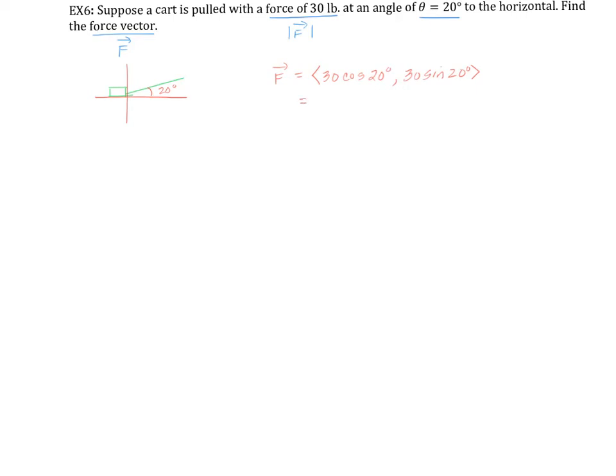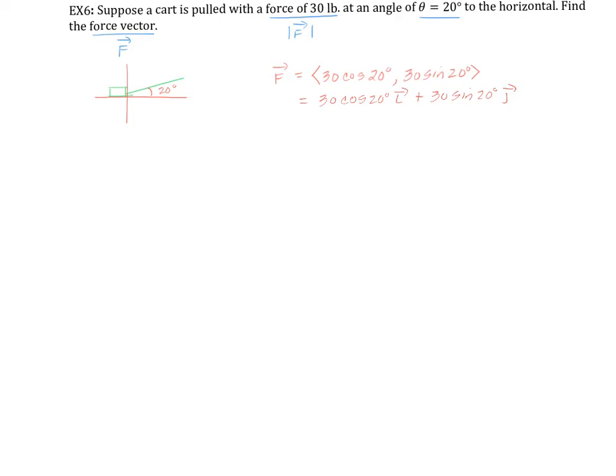And remember, you can also write this in the i, j form as 30 cosine of 20 degrees i plus 30 sine of 20 degrees j. I did want to point out that you either choose vector brackets or you choose i, j, but you don't use both. Okay?